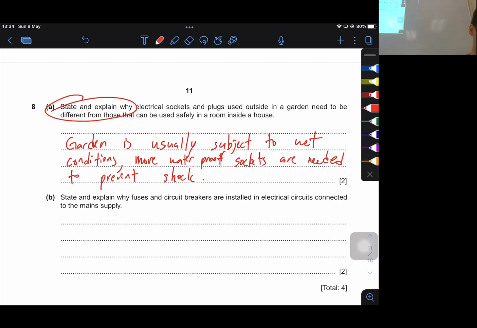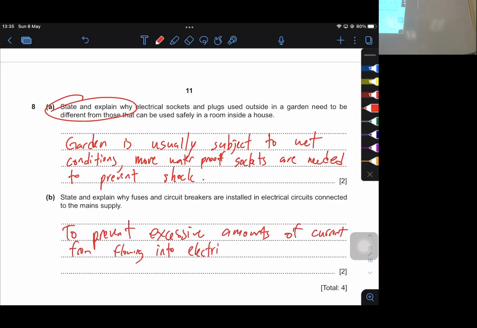So your statement is obviously to prevent excessive amounts of current from flowing into the electrical circuit, protecting them from blowout.